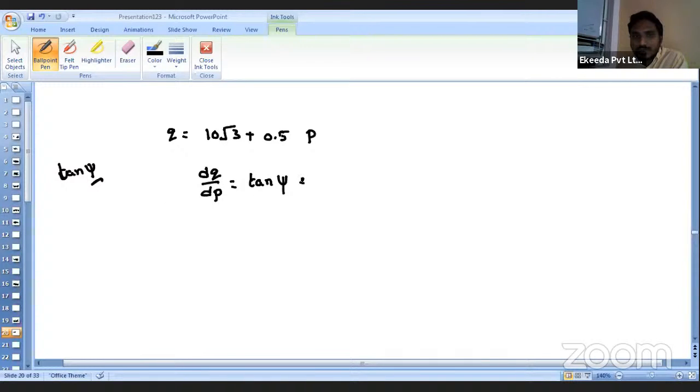That will be equal to, as the first term is a constant, 0, plus the differentiation with respect to p, 1, so 0 plus 0.5. So the tan psi value we have obtained is 0.5. As we have already discussed, tan psi is also equal to sine phi. So sine phi is equal to 0.5.